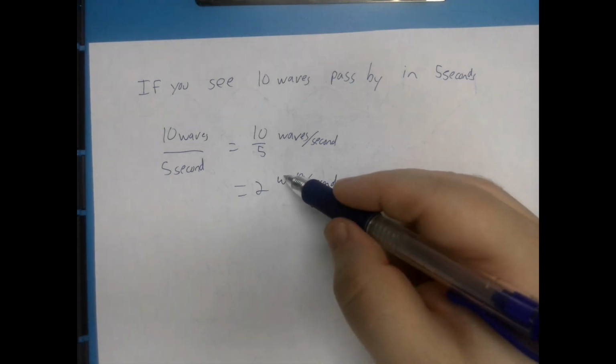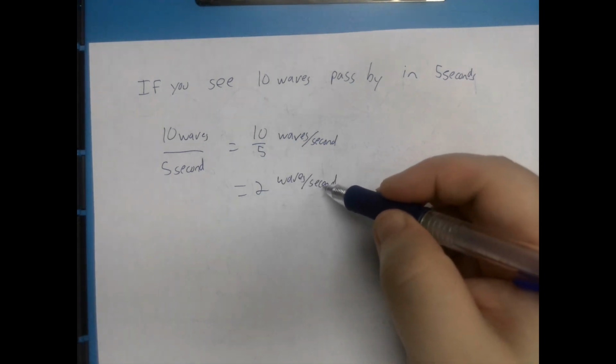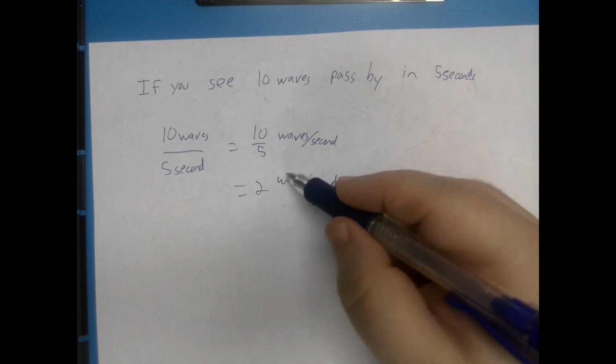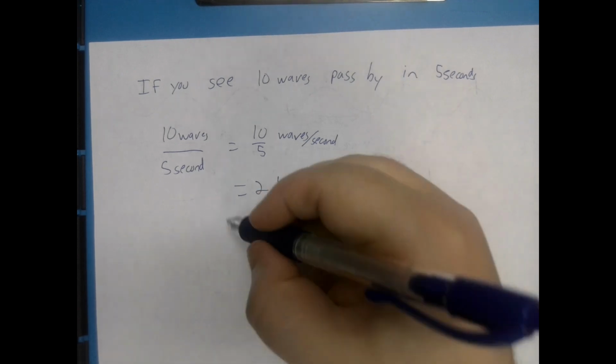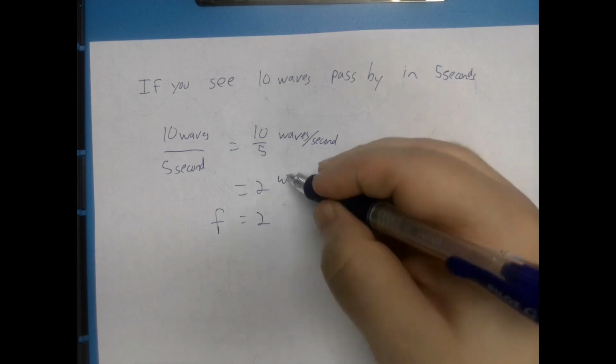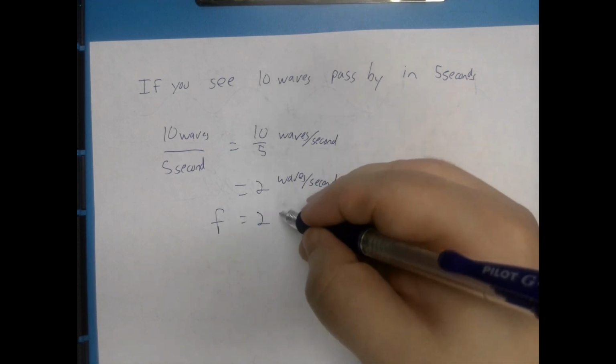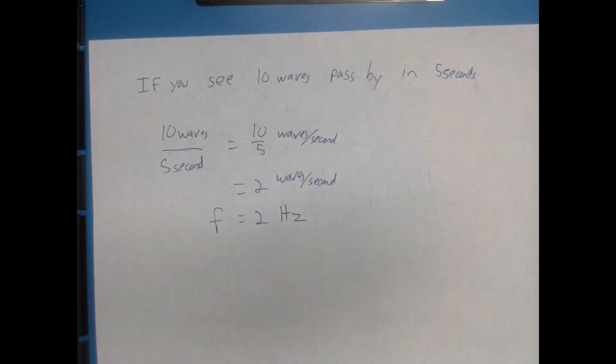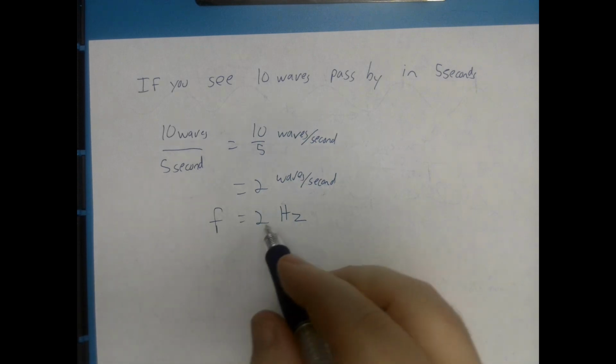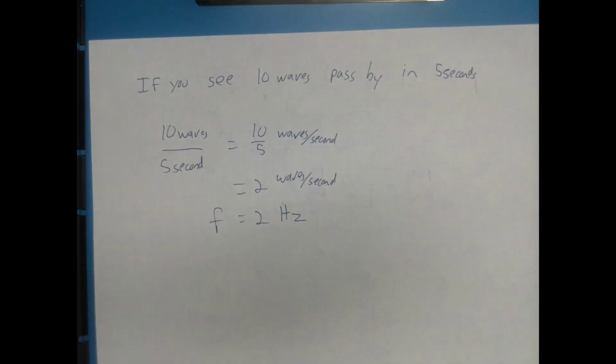Frequency tells you something occurring every second other than meters. Frequency, so waves per second, cycles per second, crests per second. So if you see 10 waves pass by in 5 seconds, you can extract frequency of the wave.